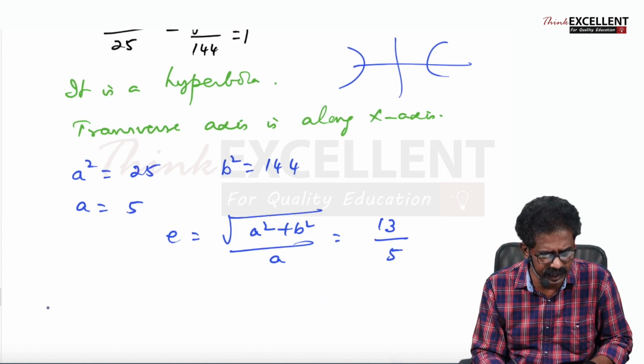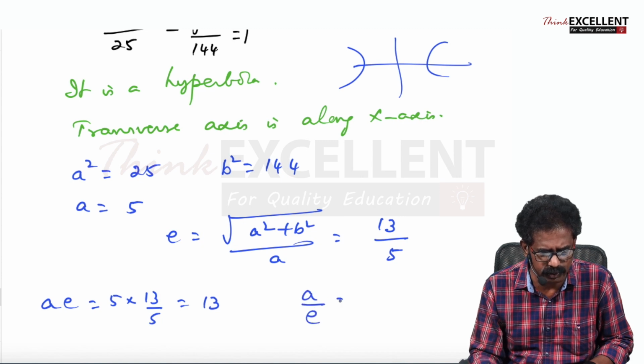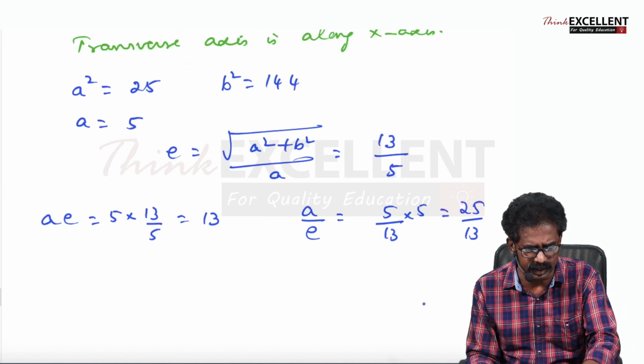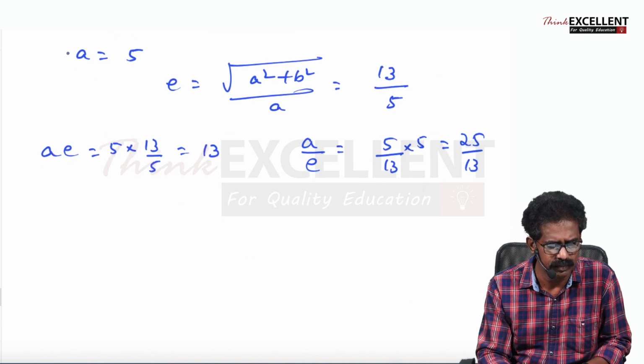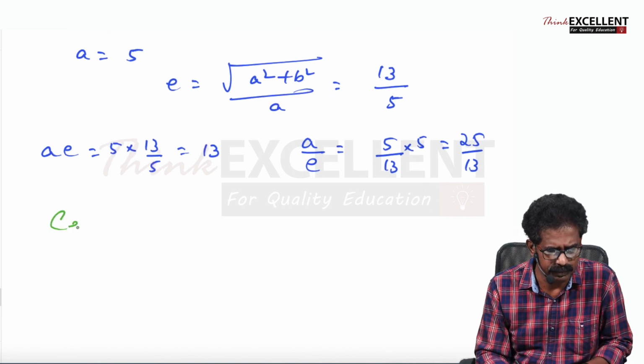Then you find ae: 5 into 13 by 5, cancel, you are getting 13. a by e also you find out, for directrix you need, right? a value 5 by e, 13, the 5 goes up, so 25 by 13. Then whatever you want you can find, right? So first, normally they ask center.